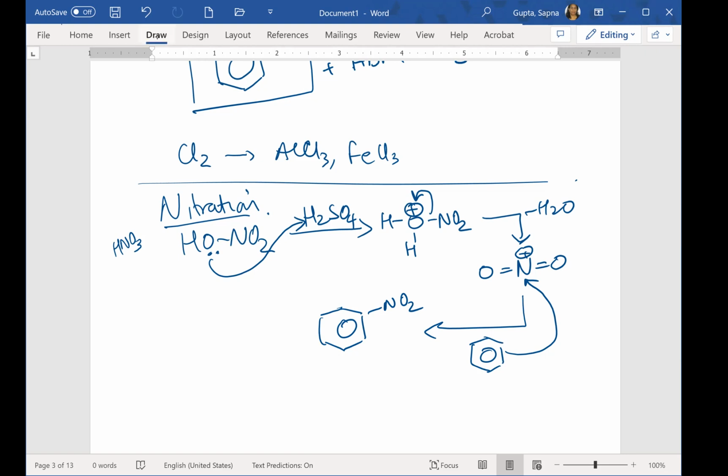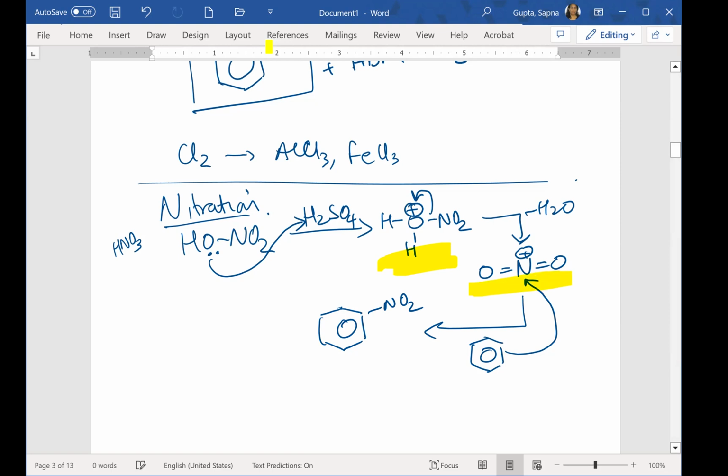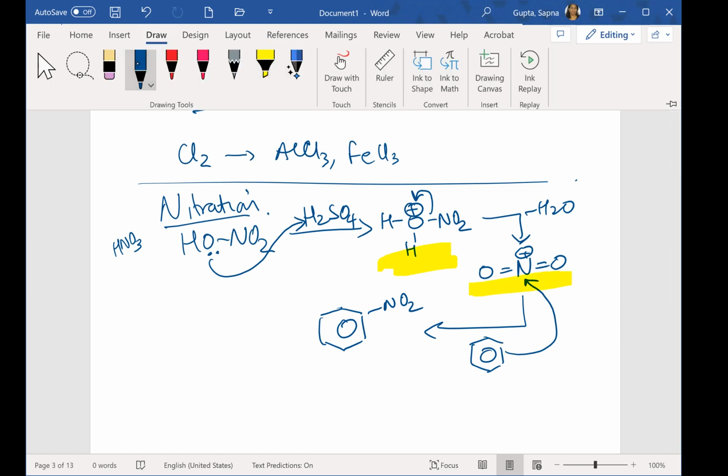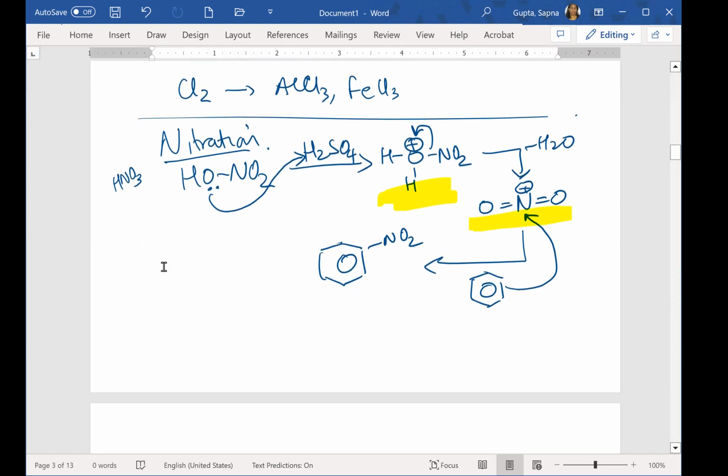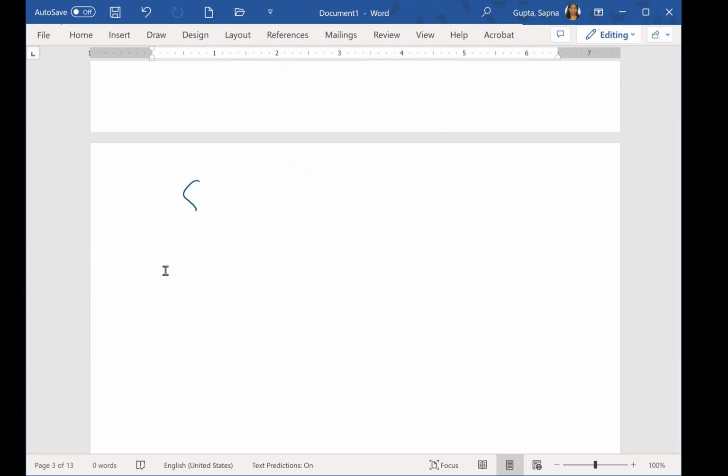So the main thing here is going to be, again, how you generate the electrophile. Okay, that's the important thing here. Questions? Moving on. Sulfonation then.